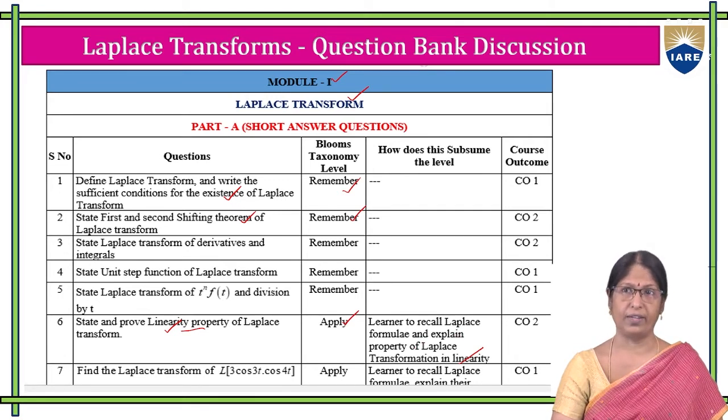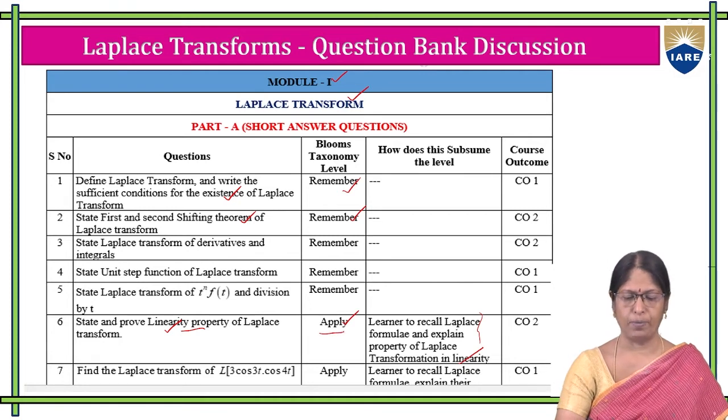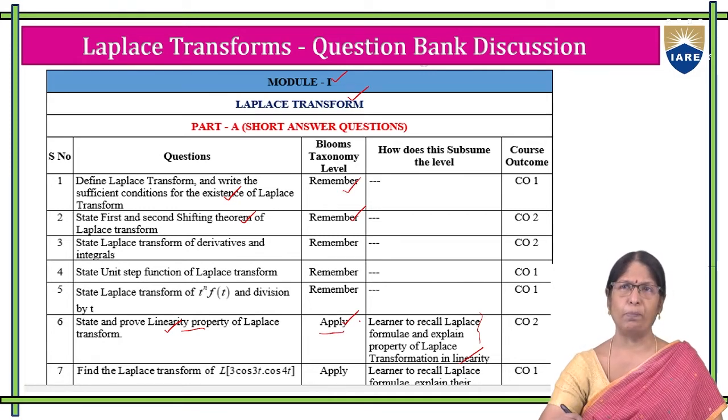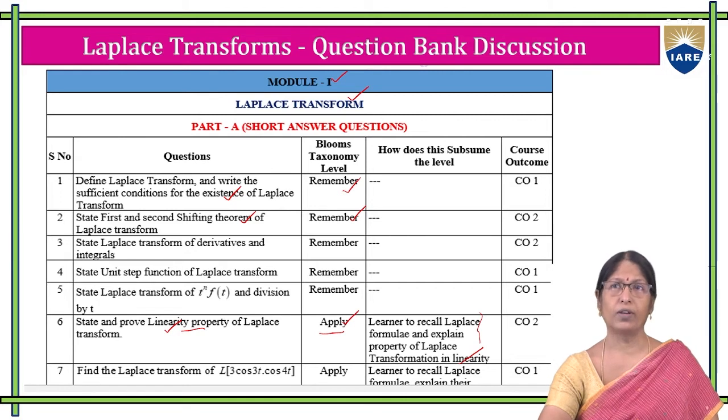With level 1 and level 2 satisfied, we move to the third level, that is apply. So this is the basic concept of satisfying Bloom's 3 levels in the question bank for the subject mathematical transform techniques.